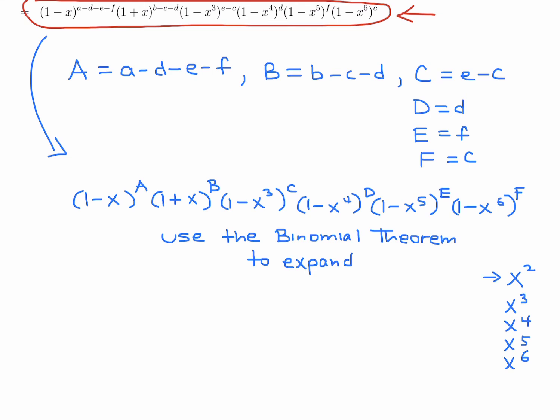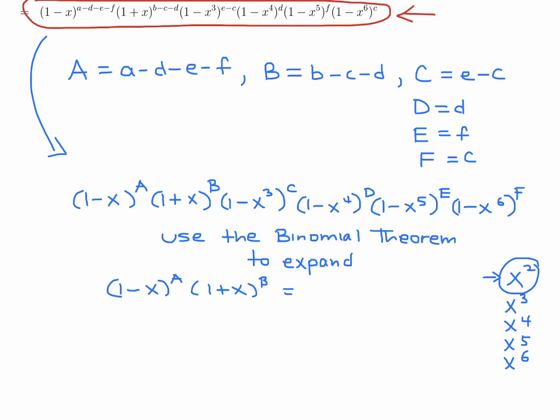So first, we are going to concentrate on the fact that there's no x squared when this whole thing is expanded out. So when we expand this using the binomial theorem, we initially only need to do it for the first two terms, because those two terms will give us an x squared, and all of these others won't. That's why we only have to look at those first two.